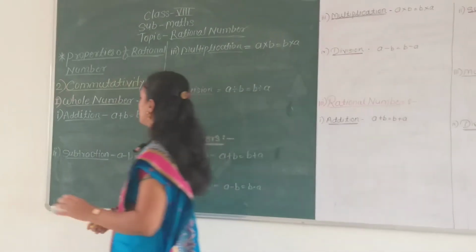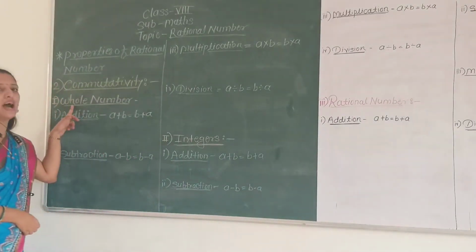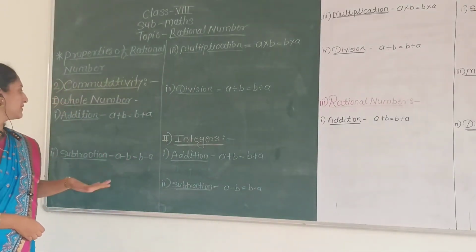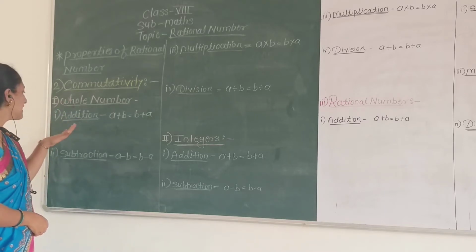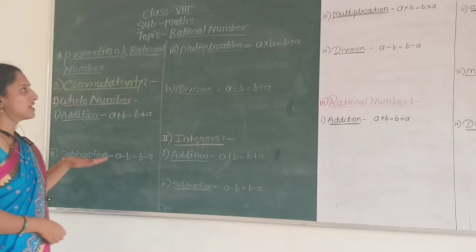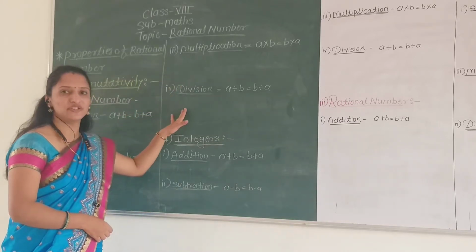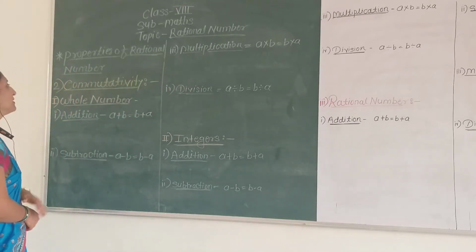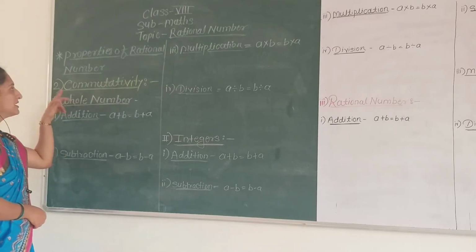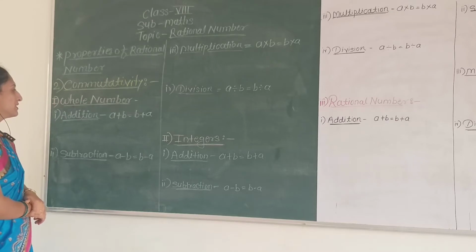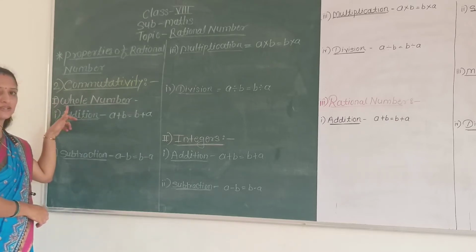We have to check whether whole numbers are commutative with respect to the mathematical operations: addition, subtraction, multiplication and division. Like that closure property, we see here the commutativity property for whole numbers.